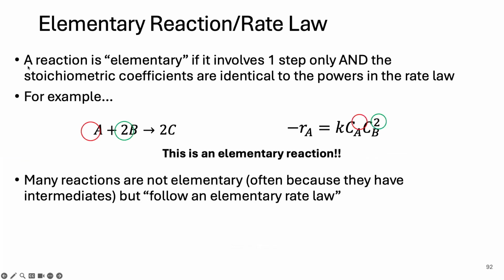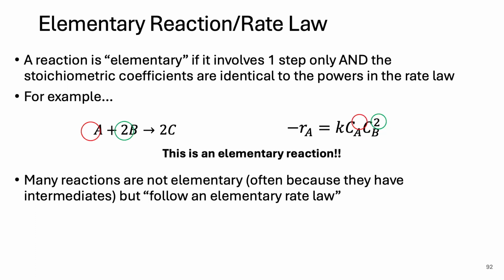However, I mentioned elementary reaction previously. If we have an elementary reaction, and this is often the case if our reaction involves just one step, so not an intermediate step, the stoichiometric coefficients are identical to the powers in the rate law.